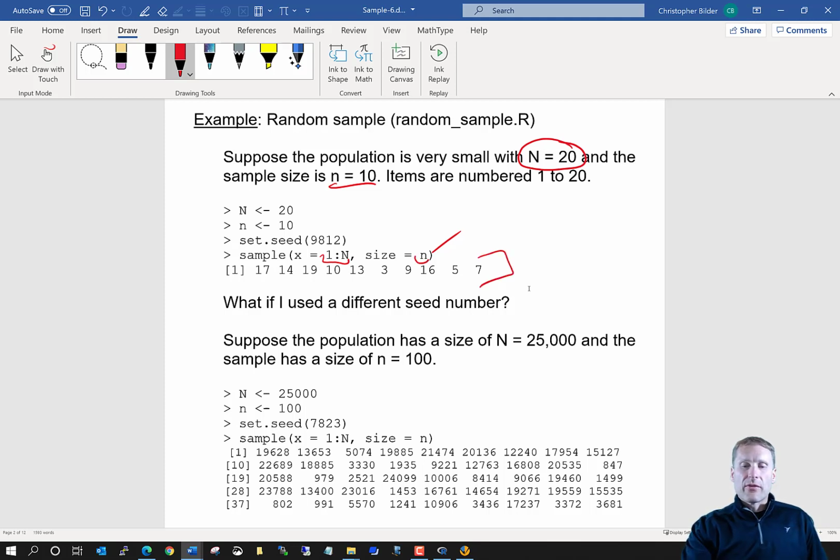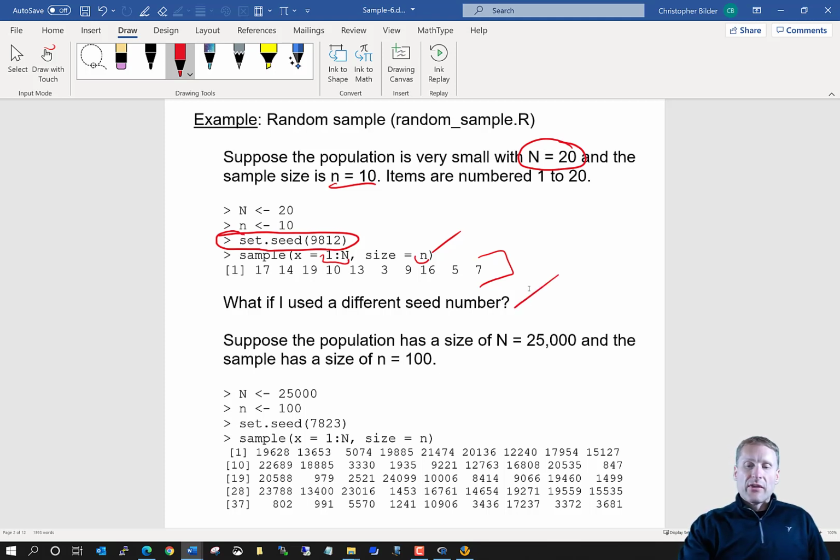So the very first item in our sample is 17, the second item is 14, the next item is 19, and so on. Notice how I set a seed here. We've talked about seed numbers before, and the reason I do that is so that I can reproduce my results at another time.